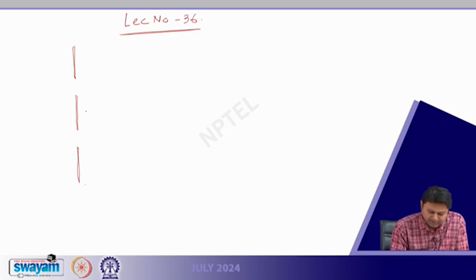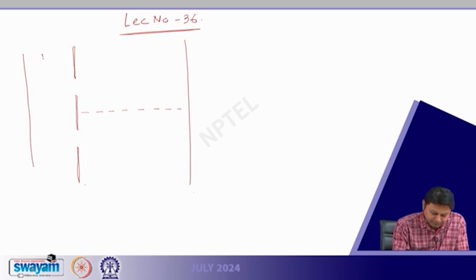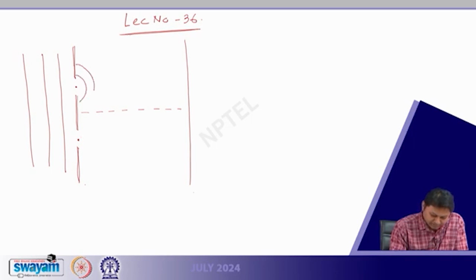Light was coming here as a plane wave, and from these two points it diffracts and circular wave fronts are generated.